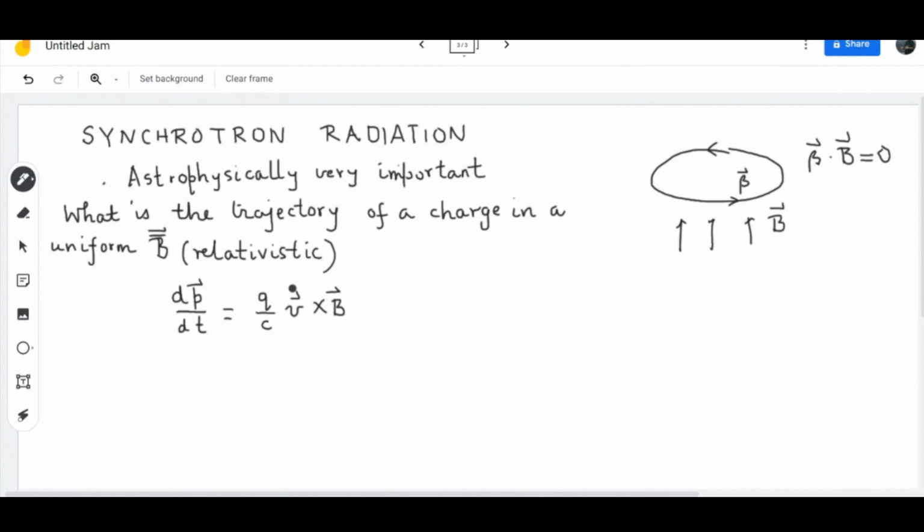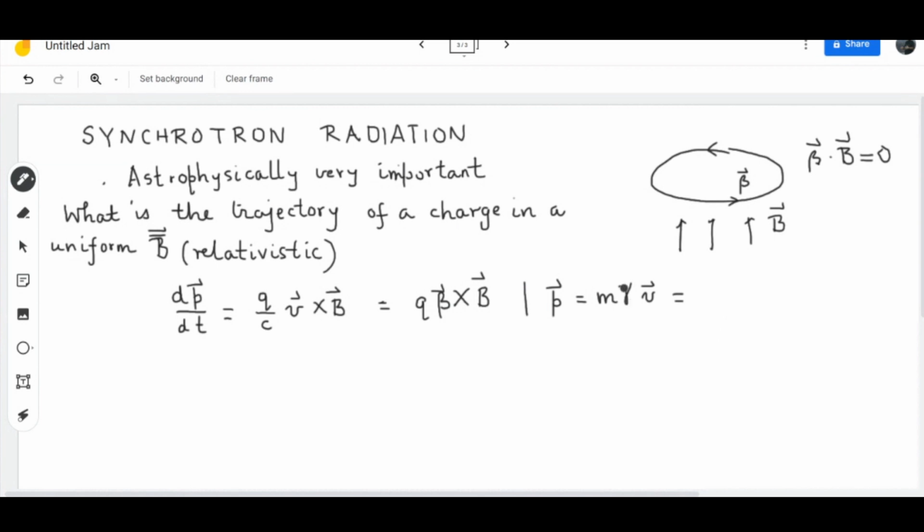So this quantity is nothing but Q beta cross B. Now the momentum P, of course, is m gamma V. You all know these formulas, but I can write this in terms of the energy.